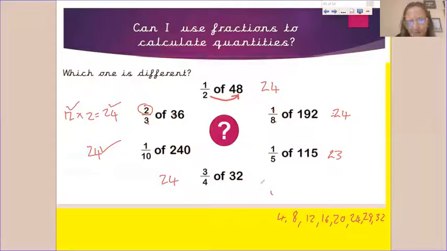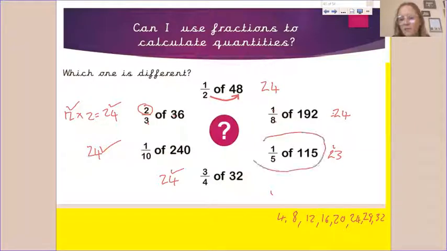So 32 divided by 4 is 8. 8 times by 3, 8, 16, 24. And you can start seeing a pattern now. And if we have a look at this one, 115 divided by 5 is going to give me 23. If I say 23 times by 1, it won't give me 24. It's going to stay as 23. So your odd one out is 23.